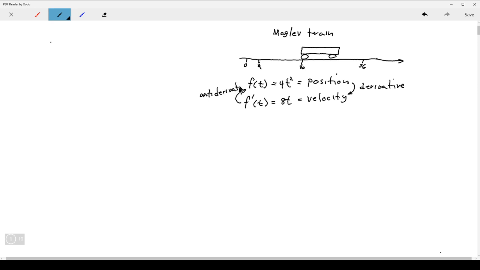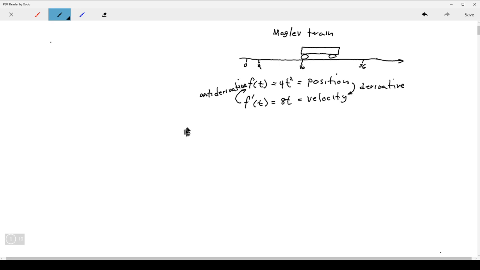Yep, I don't leave myself enough room. Just barely. Is called an antiderivative. Okay, so what we're going to learn in this video is how to take antiderivatives and what they mean, or at least one of their meanings.